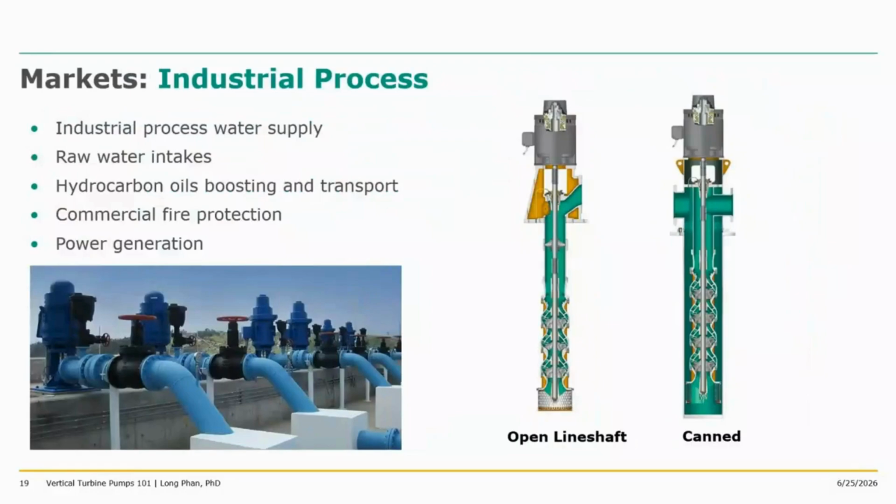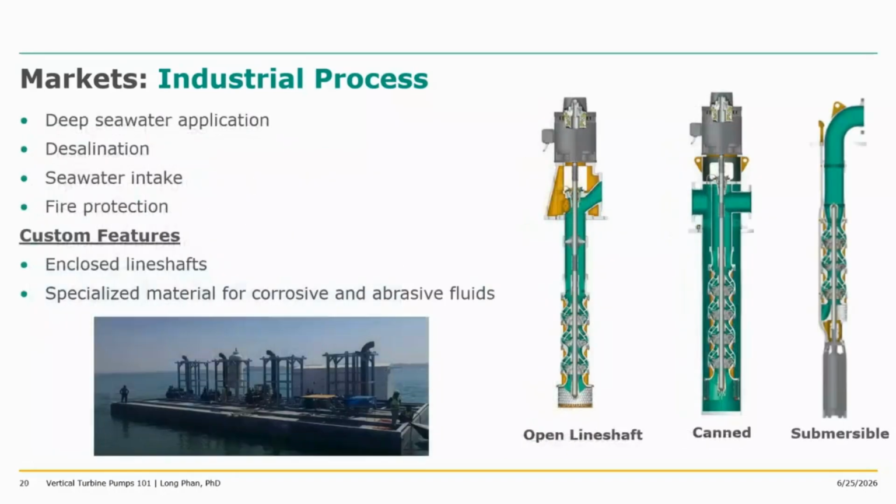The next market is industrial process. The pump can be used for industrial process water supply, raw water intakes, hydrocarbon oil boosting and transport, commercial fire protection, and power generation, and special industrial processes like dealing with seawater, desalination, seawater intake, and fire protection.